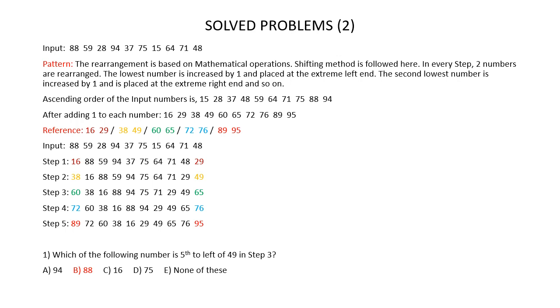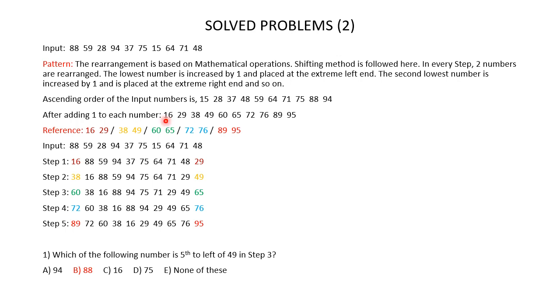Now, from the pattern followed by the machine, we know that in every step, two numbers are rearranged. One at the left end and the other at the right end. Now, since there are 10 numbers in the given input, there will be 5 sets of numbers in the reference line, each set consisting of 2 numbers.